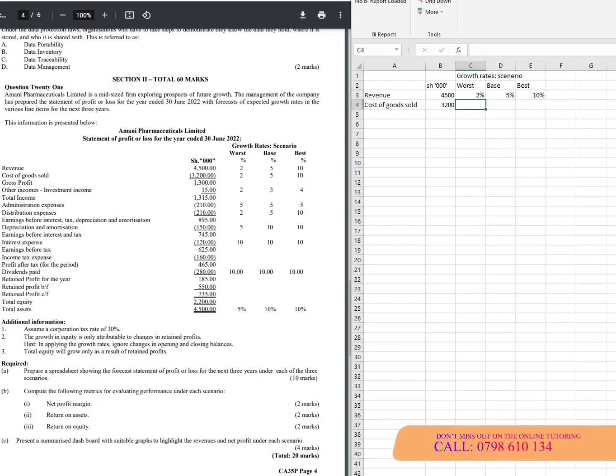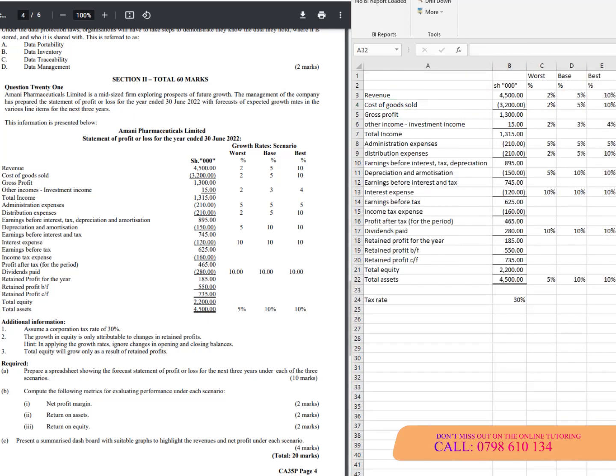Then for the cost of goods sold, we have 2%, 5%, and 10%. So copy down that data as it is. So here is our data copied down. We have the tax rates written down there.